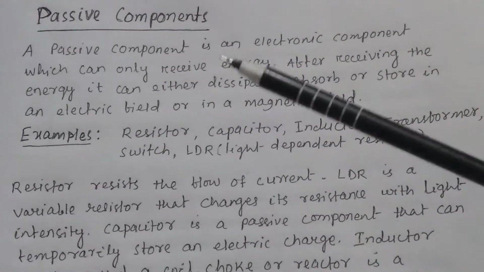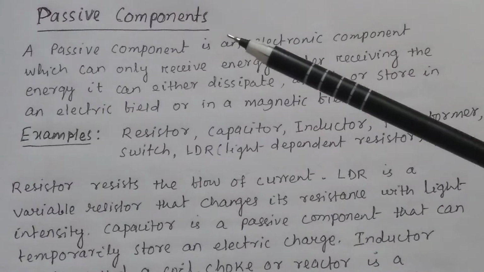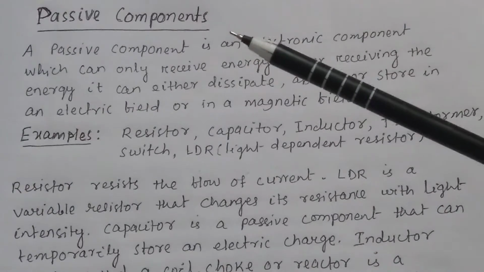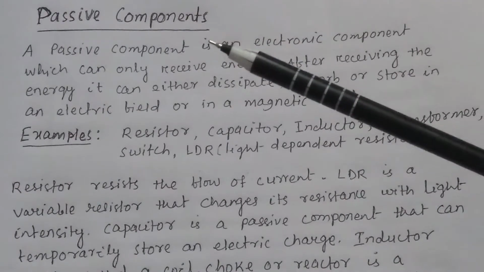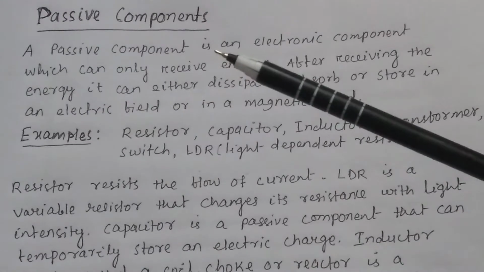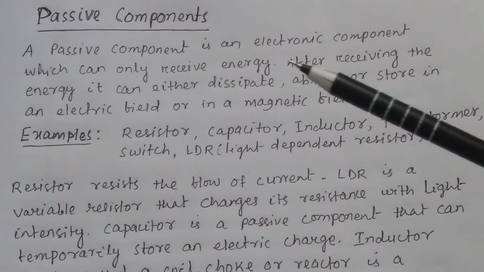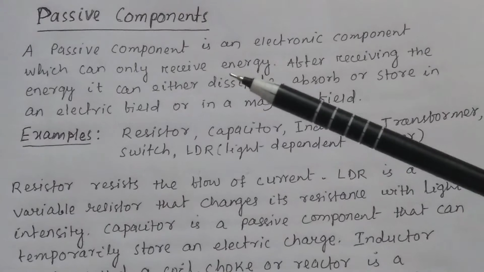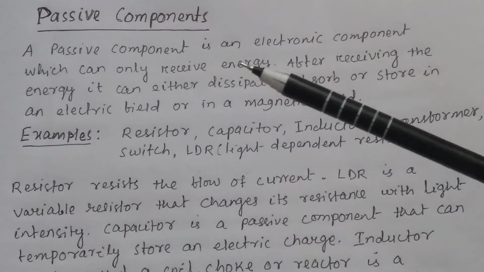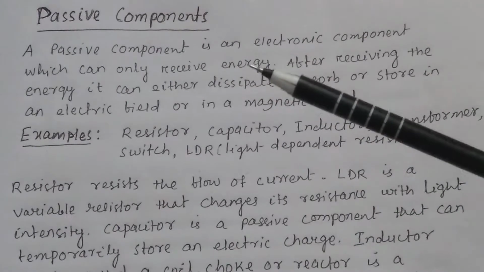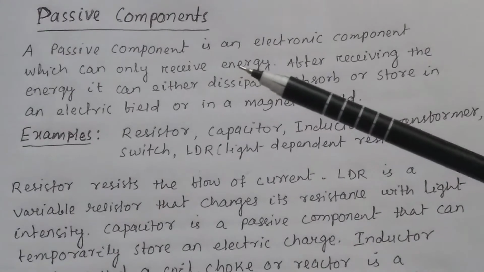Now let us discuss passive components. What are passive components in electronic circuits? A passive component is an electronic component which can only receive energy. It cannot amplify or generate power. It can only receive energy.